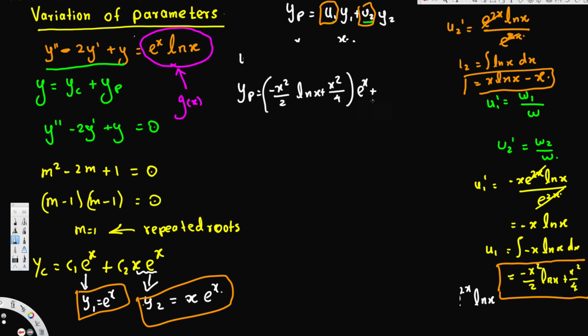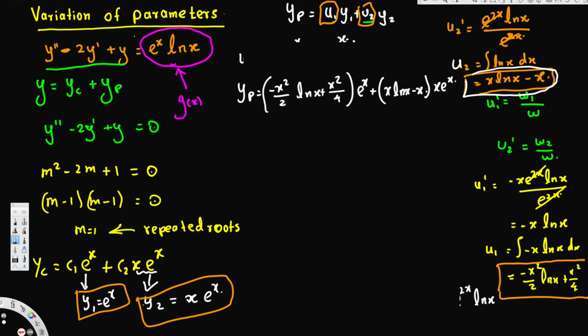Plus u2, which is x ln x minus x, multiplied by y2. y2 is x e power x.